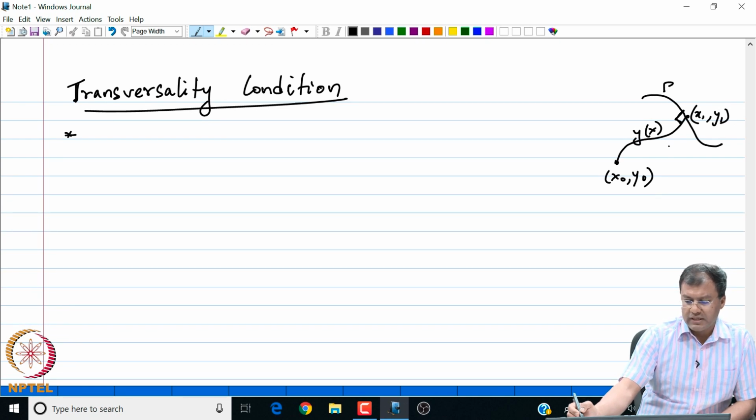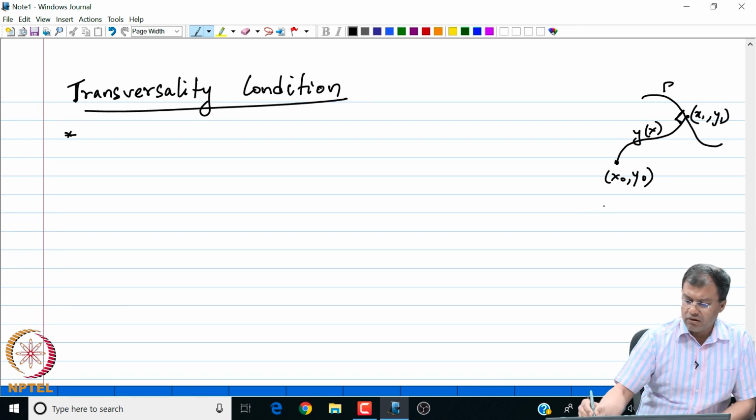So, the question is, what is the equivalent boundary condition for this setup, where we have to extremize a functional subject to one of the endpoints being on a specified curve, right.